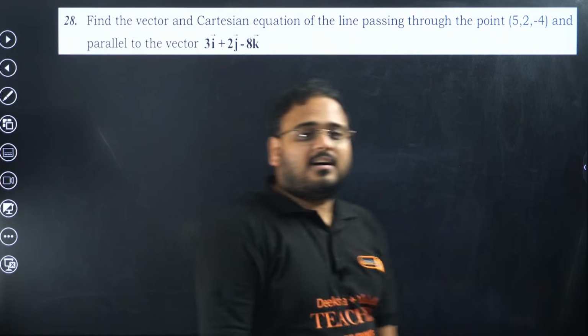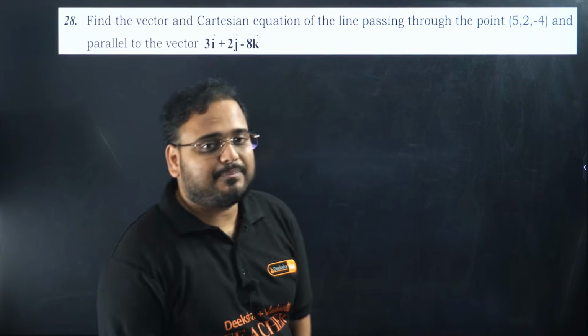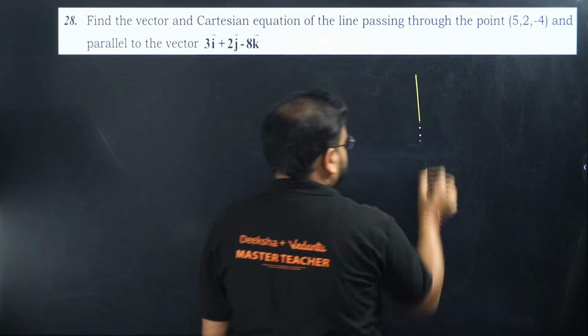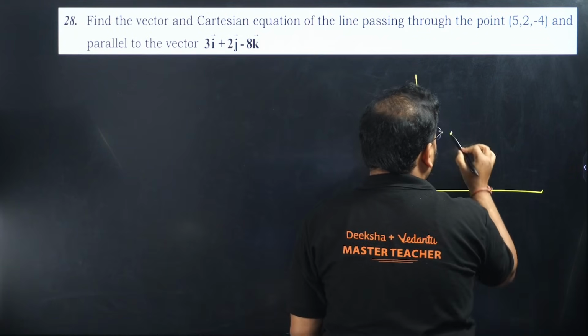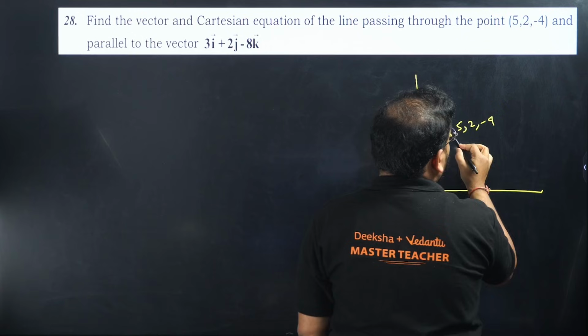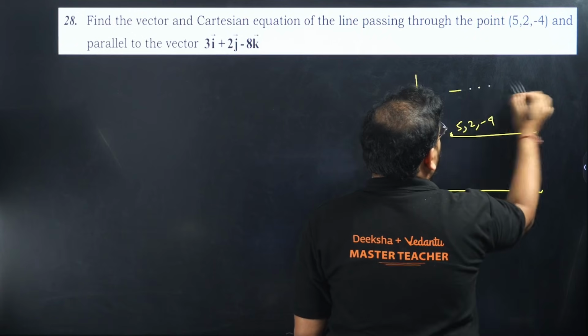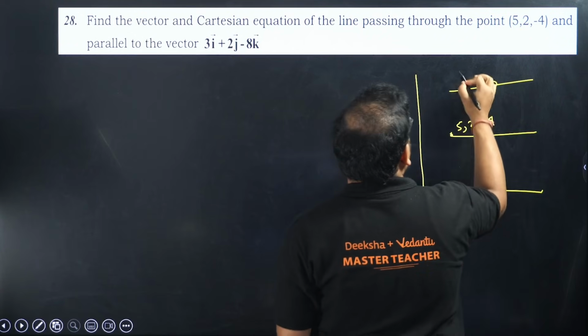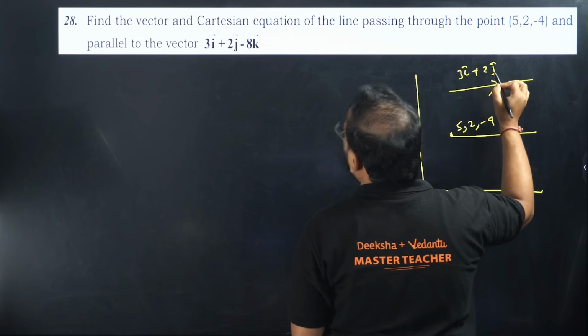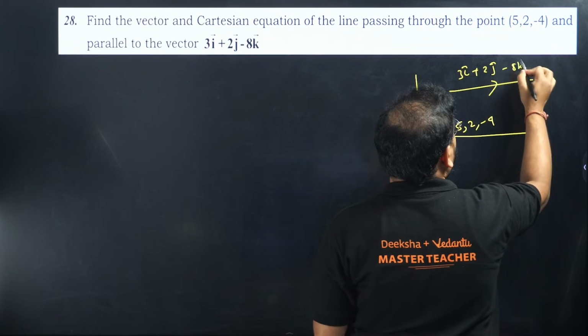28. Find the vector and Cartesian equation of the line passing through the point 5, 2, minus 4. This is a point over here: 5, 2 and minus 4. The line passes through like this and is parallel to this vector, what is this? 3i cap, 2j cap, minus 8k cap.